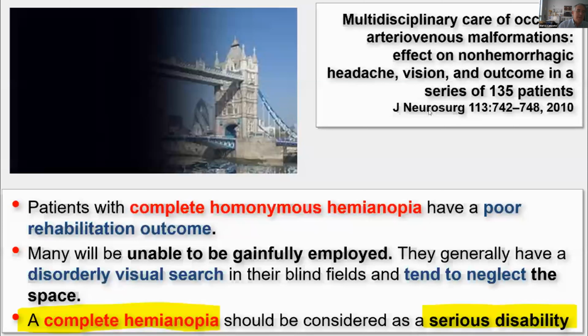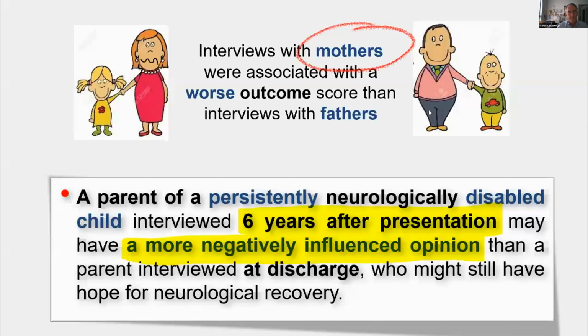But the problem is, if you cause a hemianopia, a complete hemianopia has to be considered a serious disability. While in our experience, in the patients we have treated, a quadrantanopia is not such a big deal in a child.